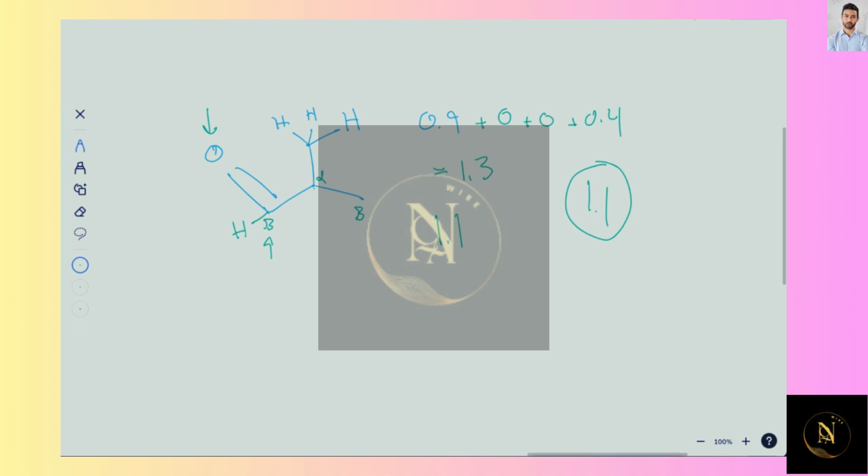If you have a table like this in your book, it's going to be in your NMR chapter.